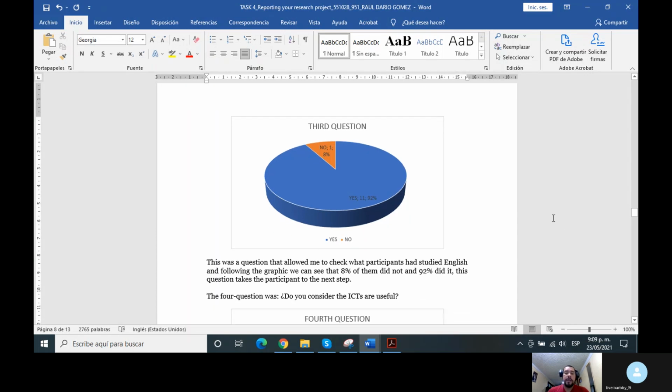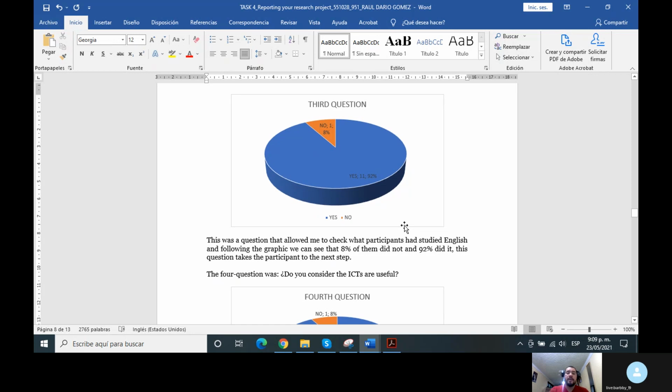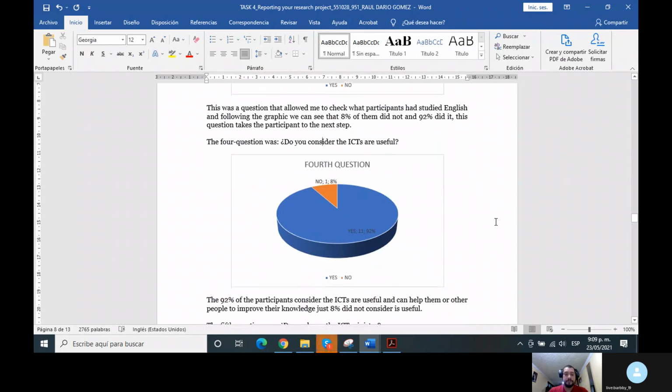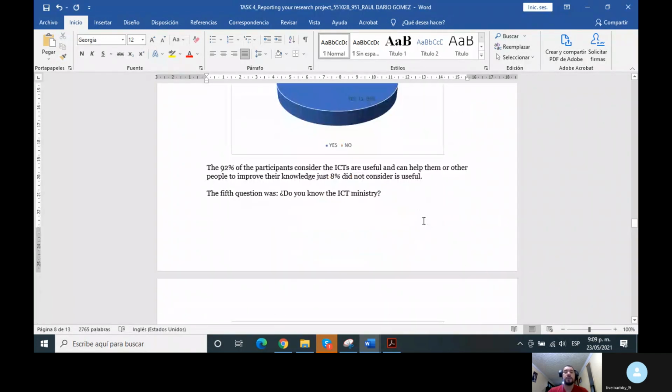Here we can see the percentages again, 92% and 8%. Continuing, do you consider the ICTs are useful? Again, all persons in the questionnaire confirm that they need the ICTs to study, to learn, or to teach, and they consider them useful.